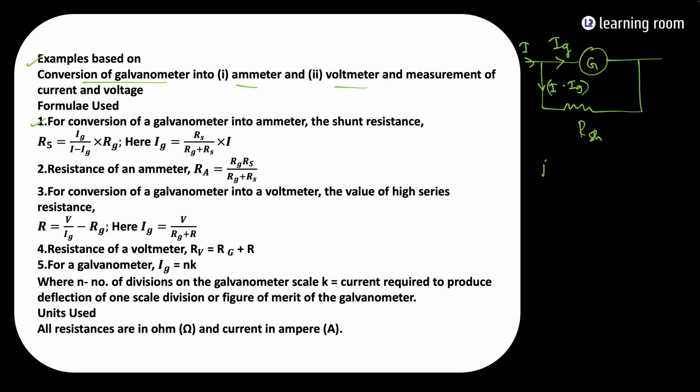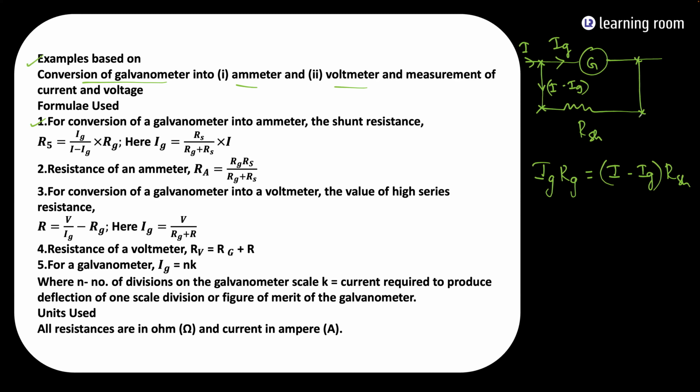Ig into Rg is equal to I minus Ig into R shunt. Basically I applied Ohm's law. Since these two are in parallel, the potential difference across these two terminals should be the same as the potential difference across the other two terminals.